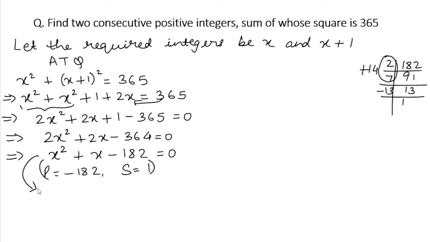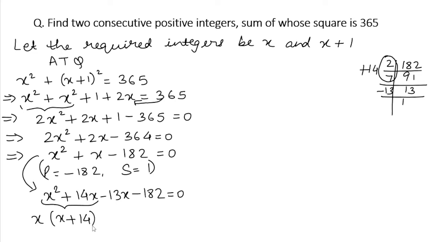From here, we will write x square plus 14x minus 13x minus 182 is equal to 0. So we are going to solve this using split the middle term. Now combining these two, if I take x common, I'll be having x plus 14 inside bracket. If I take 13 common here, I will again be left with x plus 14 inside bracket.